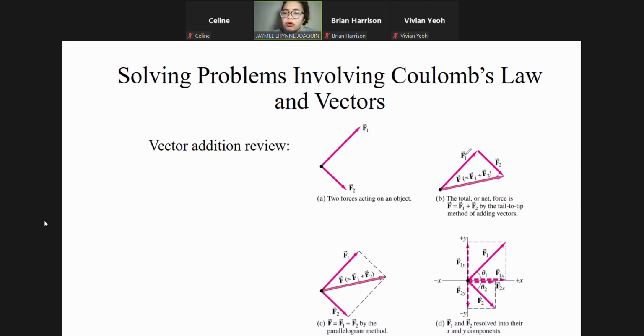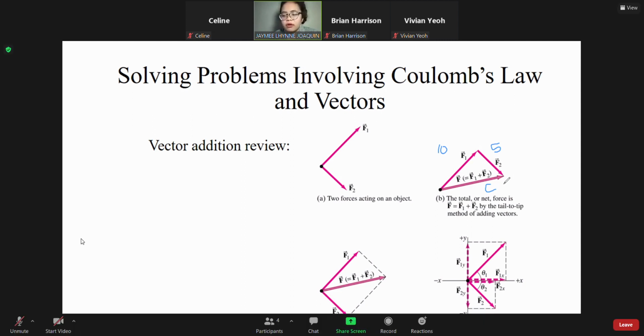So for example, this is 10. And this would be, let's say, 5. Then to find your c, you just perform the operation. 10 squared would be 100 plus 25, since 5 squared is 25.